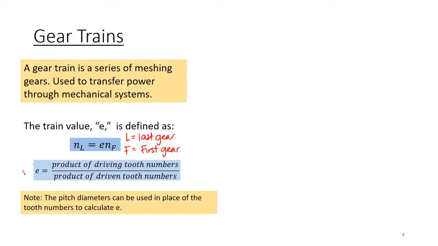You can also calculate train value by the gear teeth number directly. So it's the product of the driving tooth numbers divided by the product of the driven tooth numbers. And note that since the number of gear teeth is directly related to the size of a gear, the pitch diameters can be used in place of tooth numbers to calculate e.